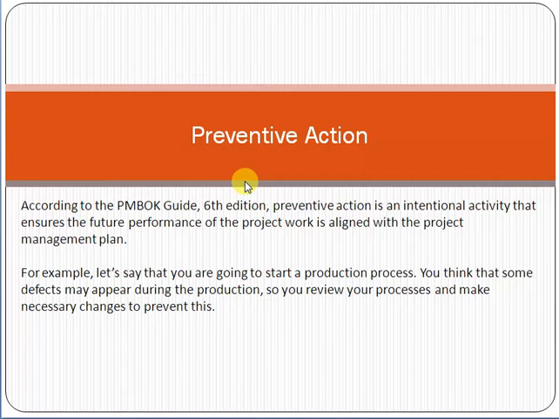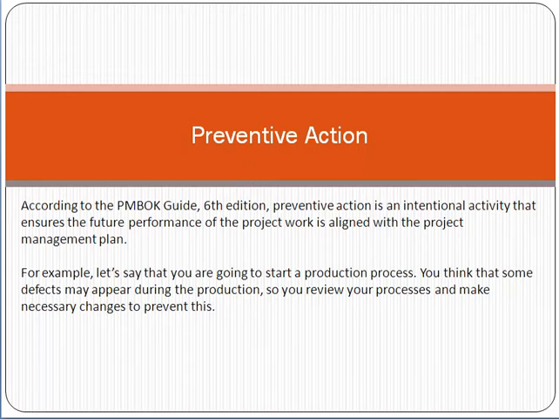So by using your past knowledge, by using your friend's knowledge, you decide to remove those defects before the production process actually starts. So friend, this is called an example of preventive action.